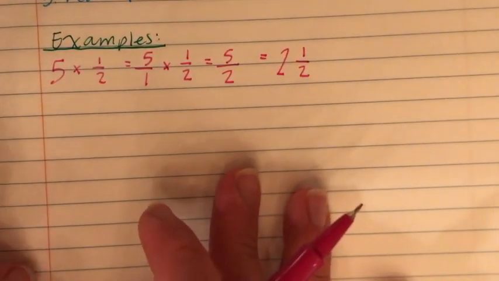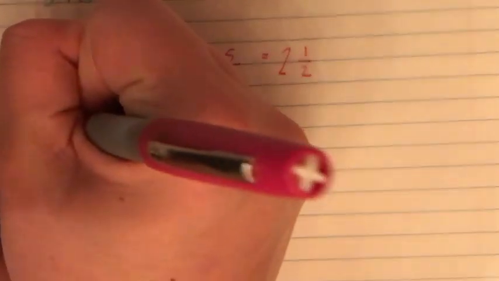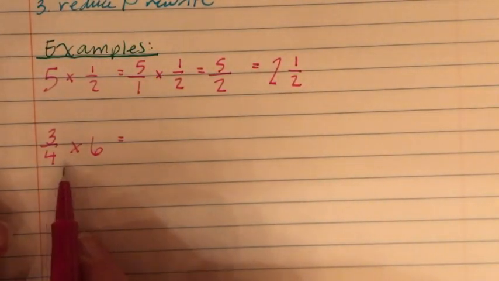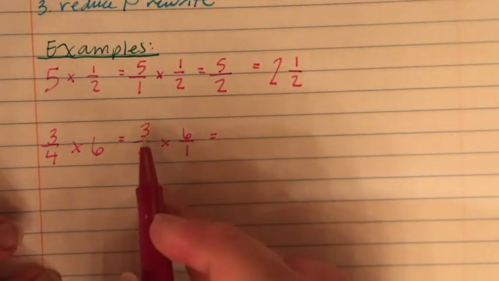Okay, let's do a few more. Let's do 3/4 times 6. Okay, so same thing here. I'm going to write my 6 over 1. So I have 3/4 times 6 over 1. So I multiply across.